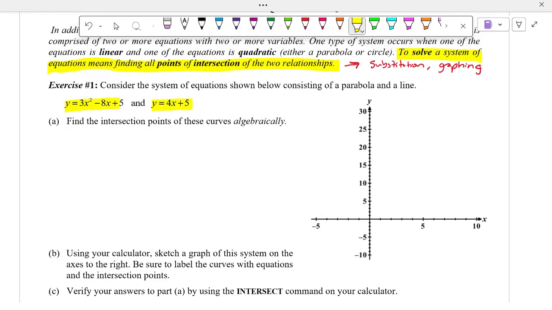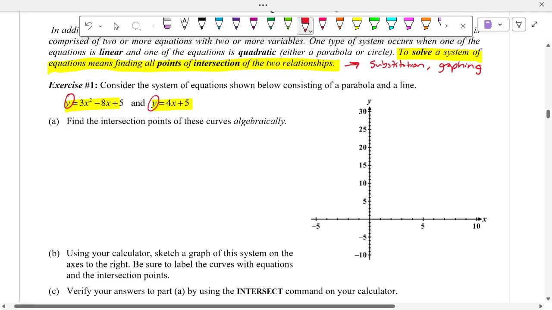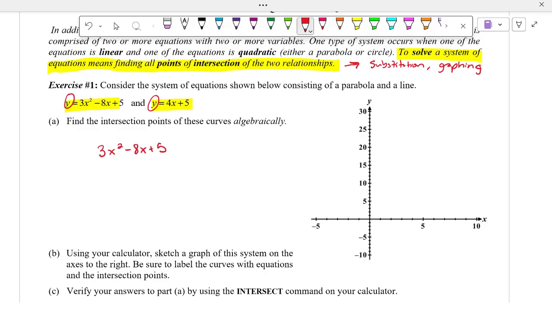Now, I think substitution is going to be the easiest because do you see how both of them are equal to y? So if they're both equal to y, how can I set this up? You can just set them equal to each other. We can cut out the middleman. So I'm going to set this up as 3x squared minus 8x plus 5 equal to 4x plus 5.